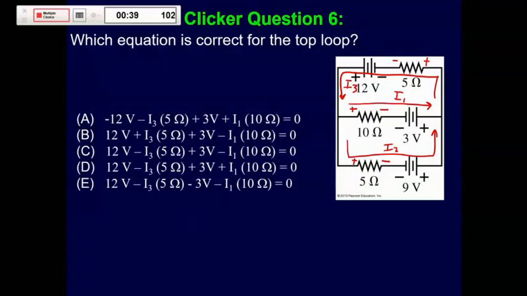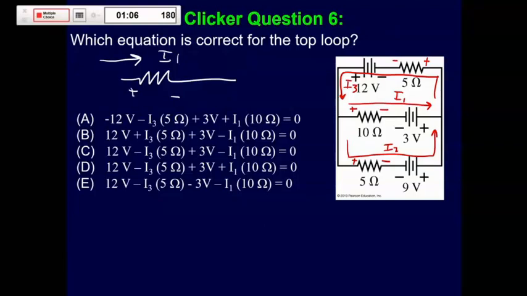So the basic rule with this method that I like to do is: if I have some resistor like this, and I tell the current to go this way, then this is going to be positive and that's going to be negative. Again, when the current goes through a resistor, it's always a voltage drop. If I assume the current is going this way, then the current comes in at the positive and comes out the negative.